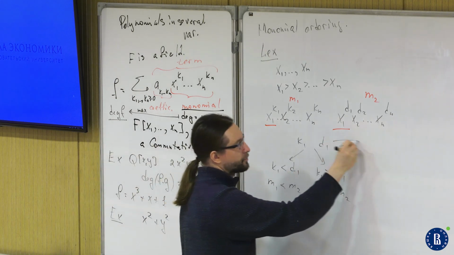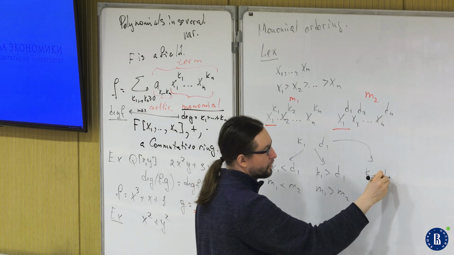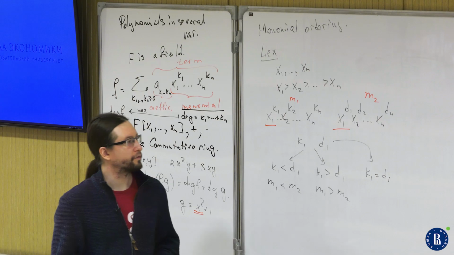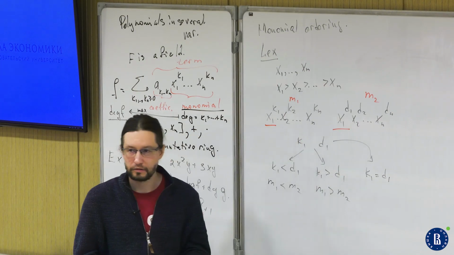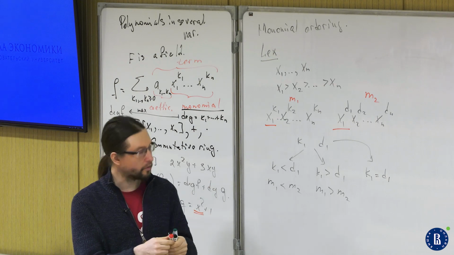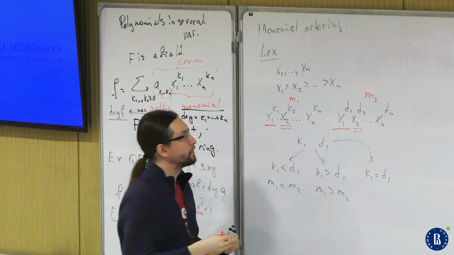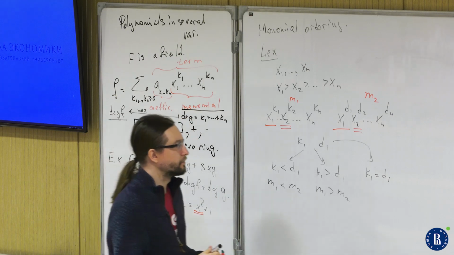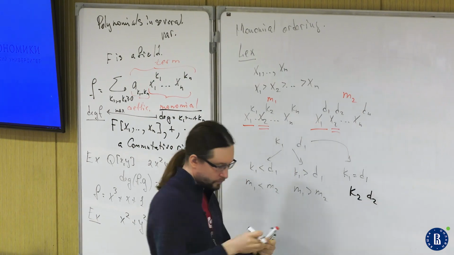And there is the third option, where the first degree of the first monomial is the same as the first degree of the second monomial. In this case, we should take a look at the second variable and compare the degrees of the second variable, k2 and d2.